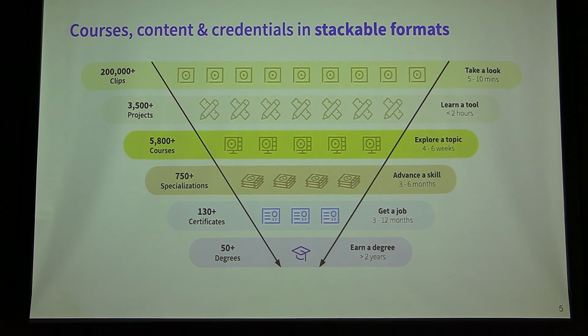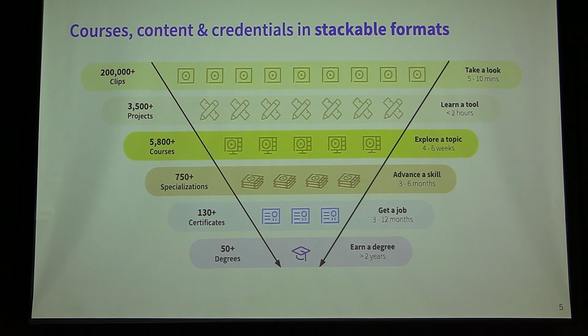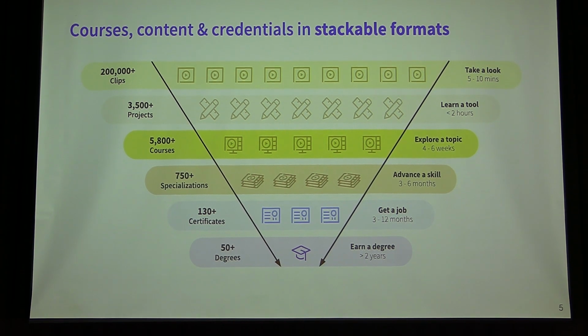There are also projects. If you want to teach any digital tool to a student, you're teaching Tableau or you're teaching Canva, any digital tool, there are upwards of 3,500 projects, close to 6,000 courses. This is what in the academic world we would call 1-credit courses, so about 6,000 courses. About 800 specializations.